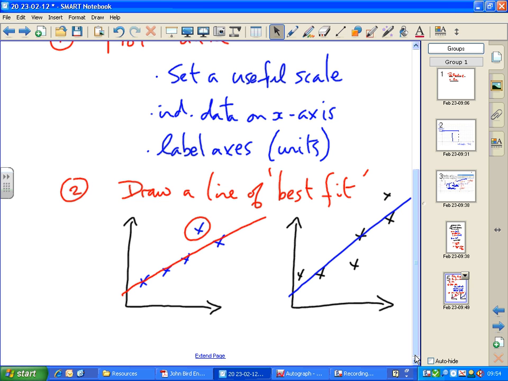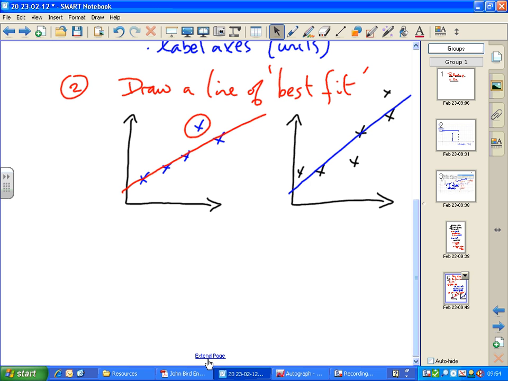Generally, though, if you've done an experiment correctly, there will be a relationship between the two. And as I said already, it's not necessarily going to be a straight line. So I might get something like this if I plot data. That certainly suggests a relationship. There is a relationship between those two, but it's not a straight line. So my line of best fit would be a curve that I'd put through the points.